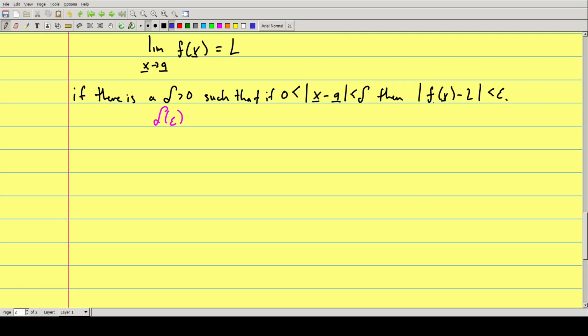But here's the idea. We have our coordinates, and we have some surface that lies above the coordinate plane here. There's some point down here where I want to find the limit.